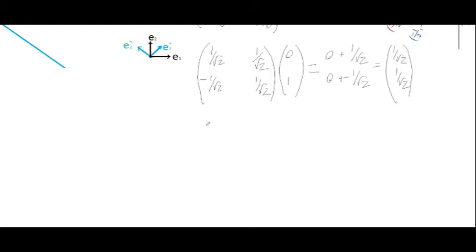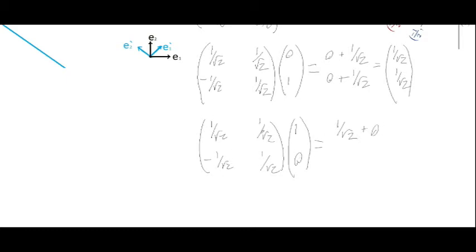And we will do the same thing for our E2 up here. So we will have 1 over square root of 2, 1 over square root of 2, negative 1 over square root of 2, 1 over square root of 2. And now we are multiplying it by this column vector, the E2 column vector. And for that we'll get 1 over square root of 2 times 1 is 1 over square root of 2, plus 1 over square root of 2 times 0, so that's 0.